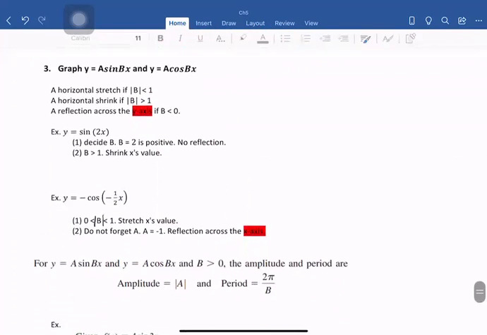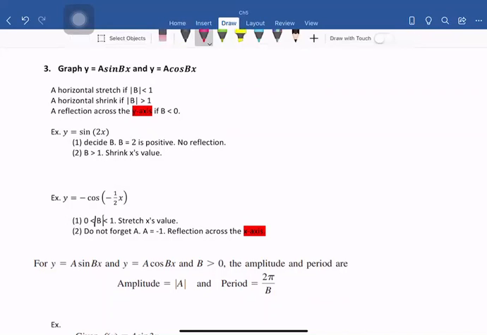Next, part 3: graph y equals a times sine bx and y equals a times cosine bx. So there is a b here in front of the x.